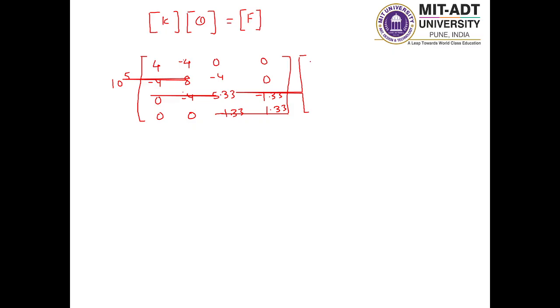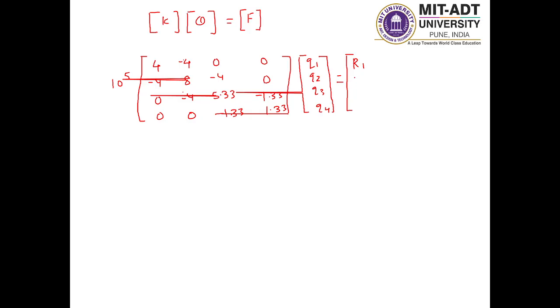So Q1, Q2, Q3 and Q4, as these are displacements at different nodes, and after that I am defining the force. Here at the first node it is R or R1.